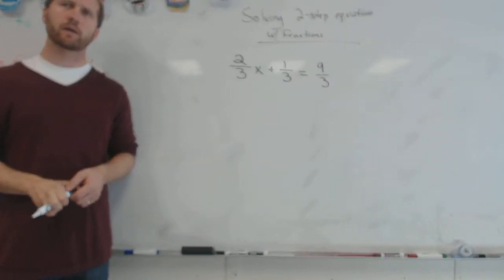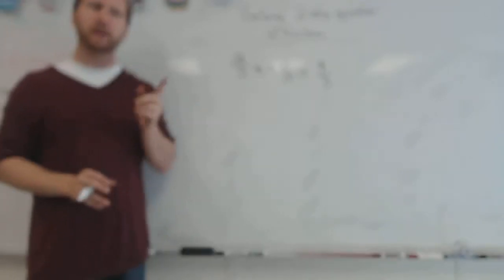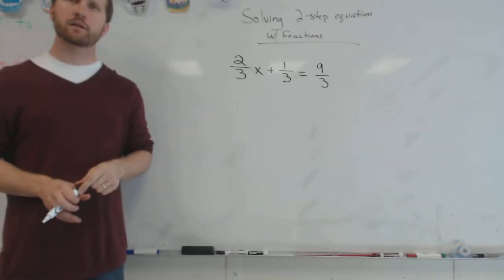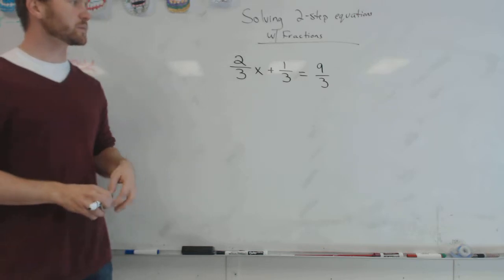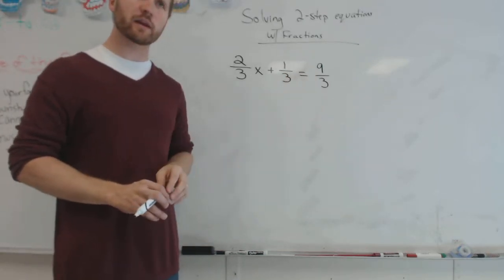Now, there's a trick to doing this. Now that you know the distributive property, watch what I'm going to do. I can multiply any side of the equation by anything, as long as I multiply the other side of the equation by the same thing.